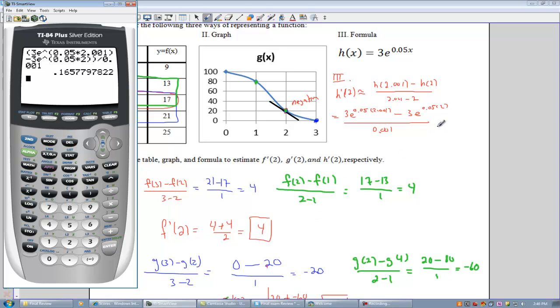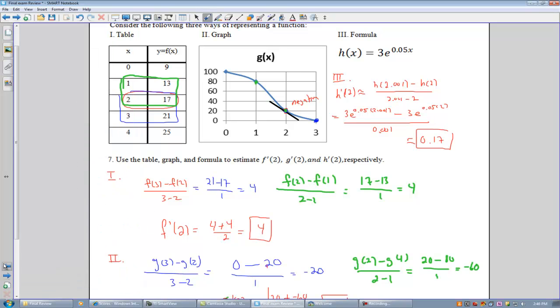And let's just round this to 2 decimal places, so this is approximately 0.17. So that should be pretty close to h prime of 2, which tells me that the function is going up or down. Well, it's going up because the rate of change is positive.